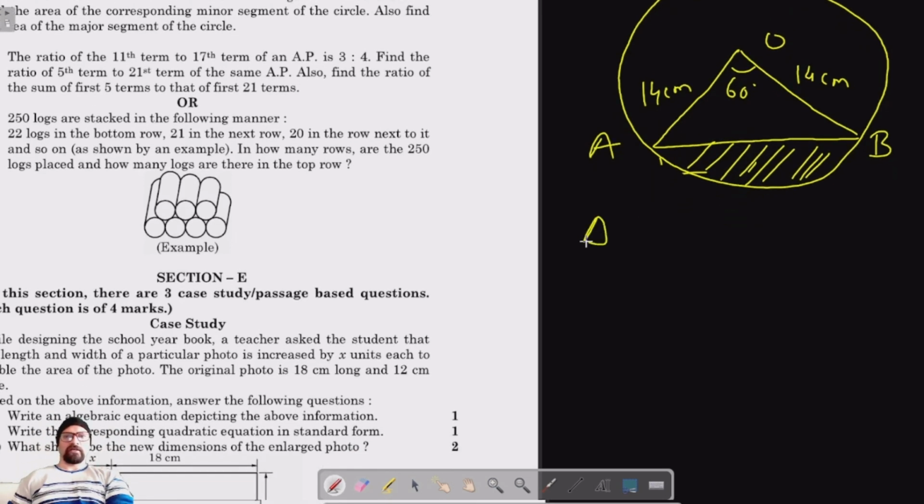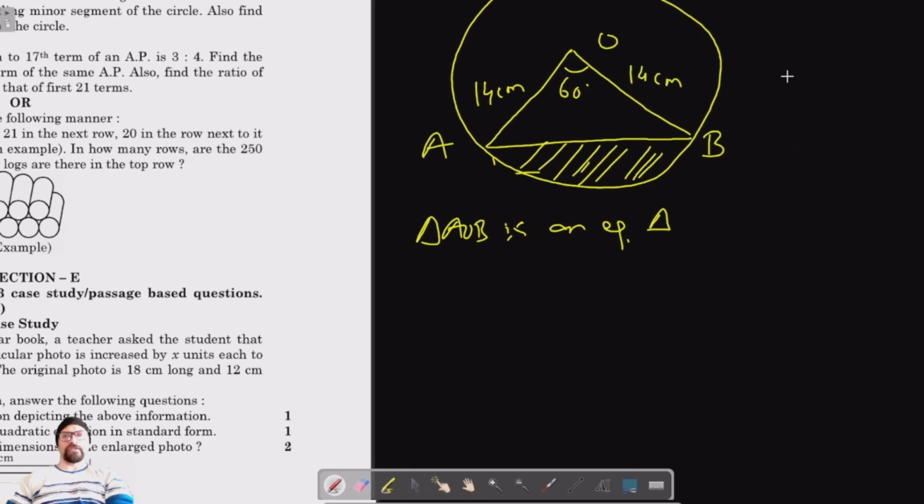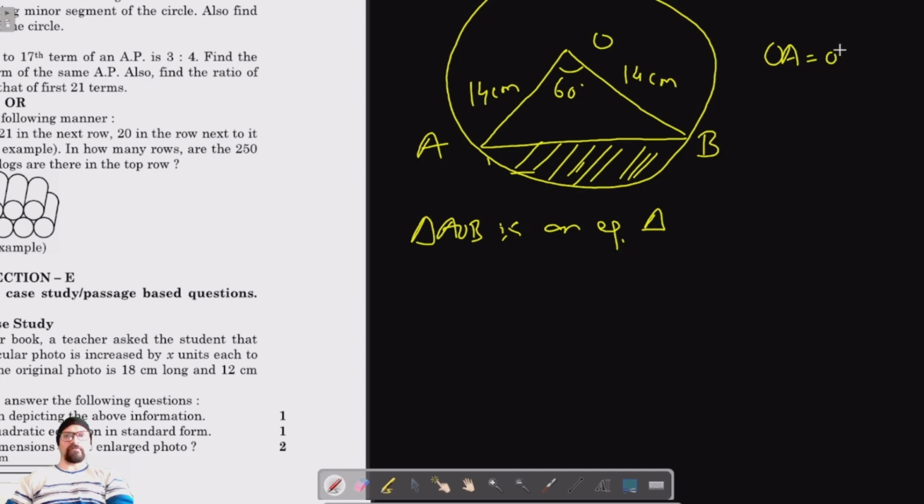So this is the minor segment. Now triangle AOB is an equilateral triangle because this angle is 60 degree and OA is equal to OB. These are the radii of the same circle, and angles opposite to these two equal sides are also equal. So these two angles are also 60 degree and 60 degree.